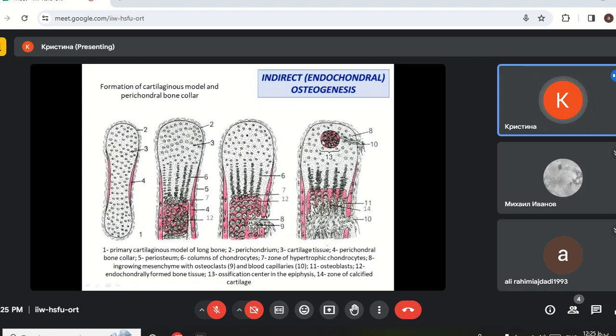Next, the secondary center of calcification forms inside the epiphysis, and it starts to grow in all directions. Next, the cartilage is replaced with bone tissue in all the diaphysis area of the bone. Almost all epiphysis also is replaced with the bone tissue, and only some amount of cartilage tissue remains between the epiphysis and diaphysis.